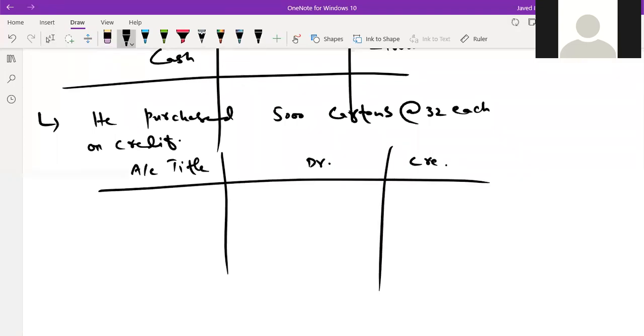So once again you have purchases, which is 5,000 into 32, would be 160,000. And they're on credit, so this is your payable. Last week we discussed that it needs to be account payable. Since we have purchases on credit, it is the one.